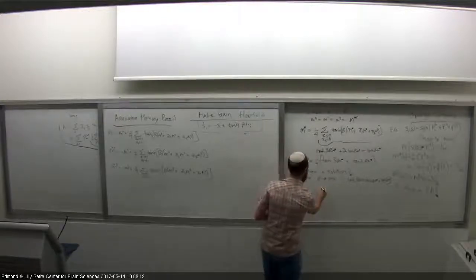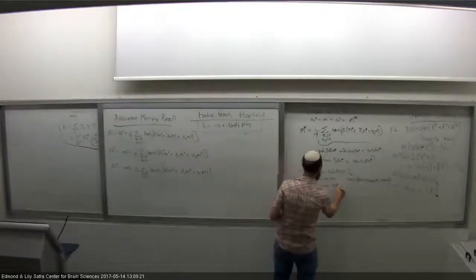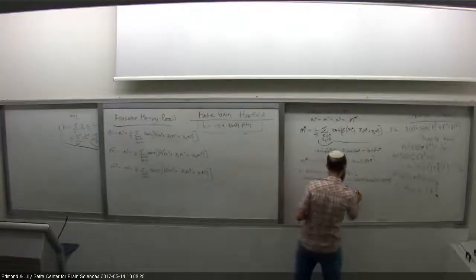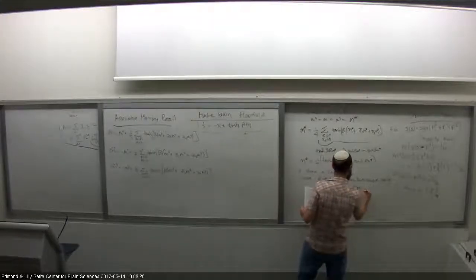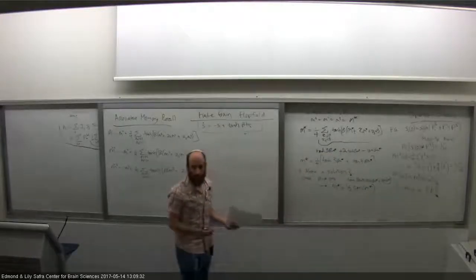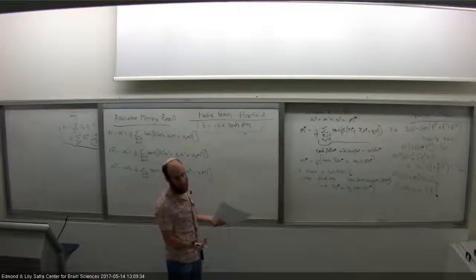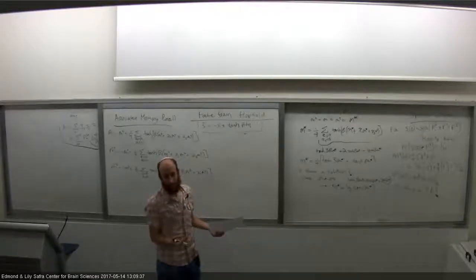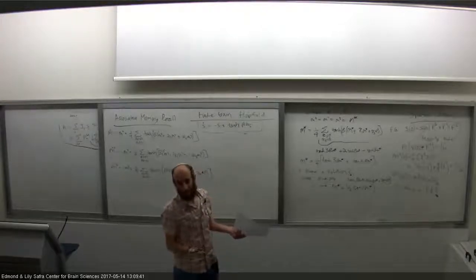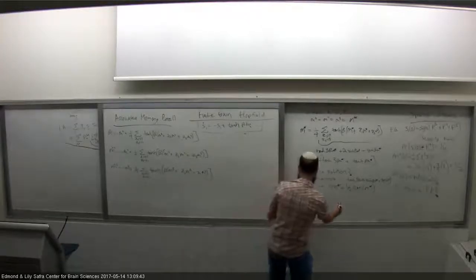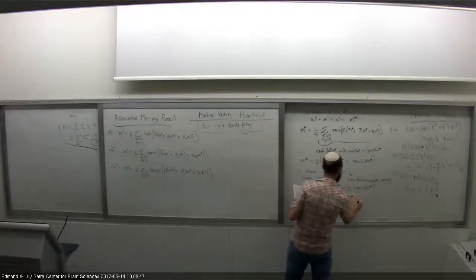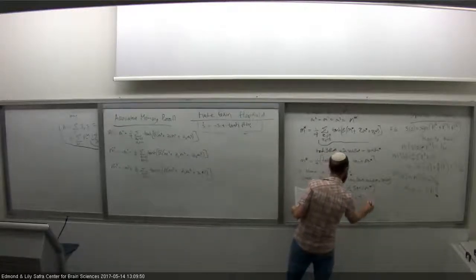So in that limit we have the fixed point equation M star equals 1/2 the sign of M star. So in that limit, is there a solution? Yeah, there's a solution. What's the solution? Plus or minus 1/2. So in that limit, we have a fixed point M star equals plus or minus 1/2.